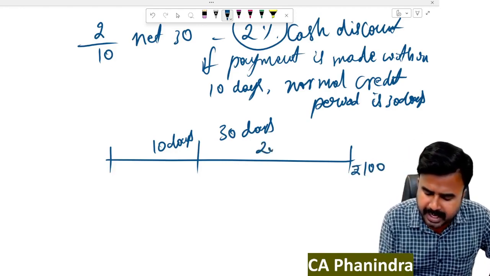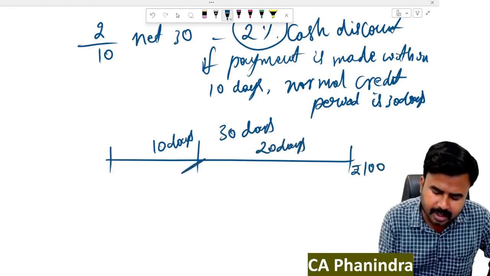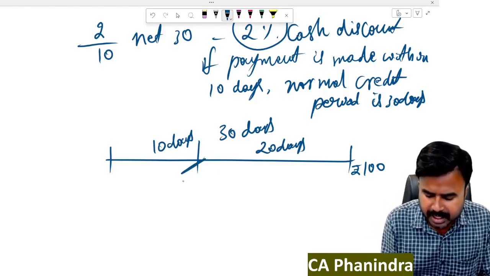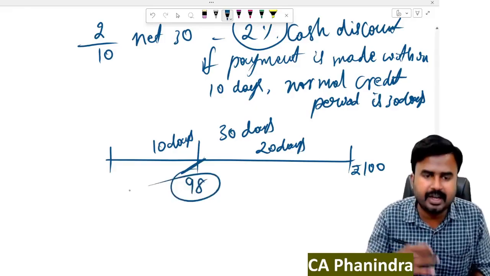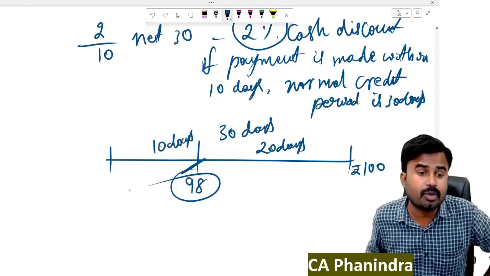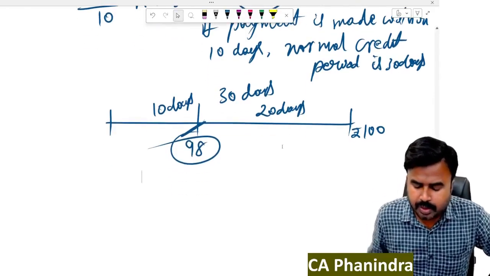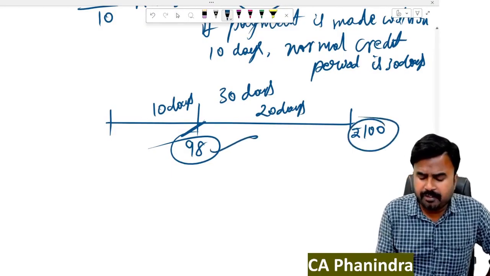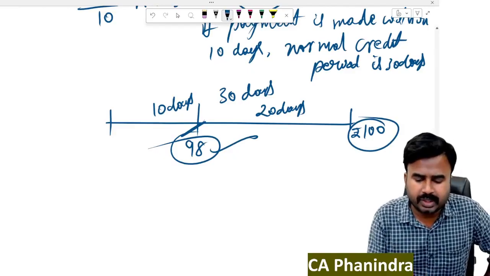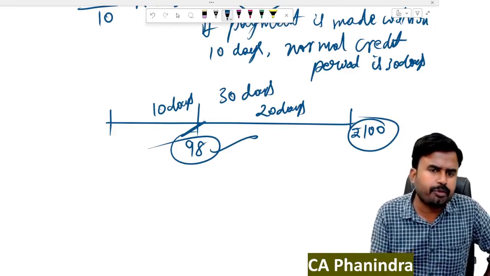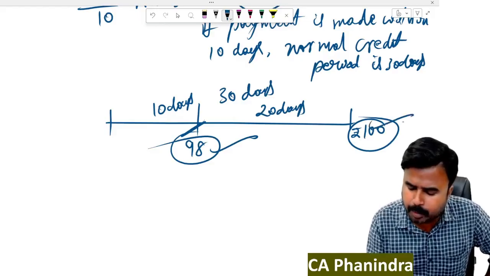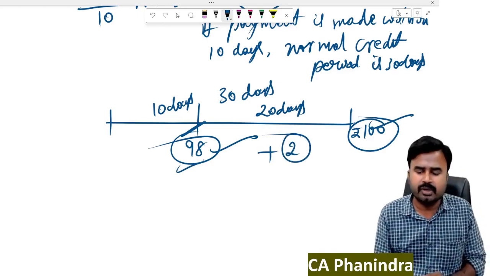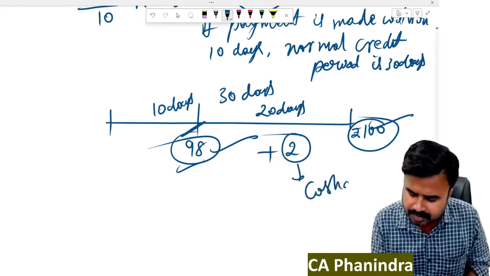Whereas just before 20 days, nothing but within 10 days, if you can pay the due, then you can pay only 98 rupees instead of 100, because there is a 2% cash discount. If you are not willing to pay this due within 10 days, just before 20 days, you are supposed to pay 100 rupees instead of 98. That means indirectly the supplier is charging 2 rupees interest cost, which is technically known as cash discount.